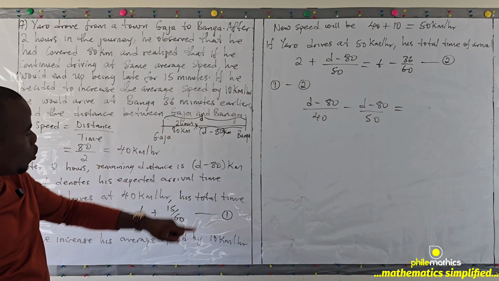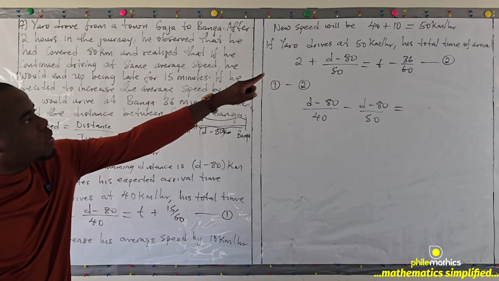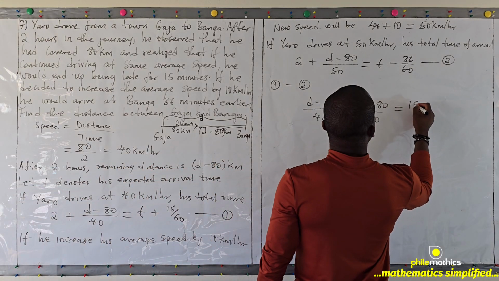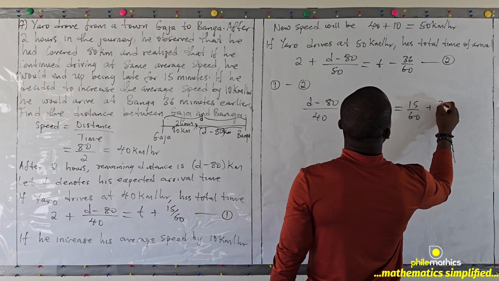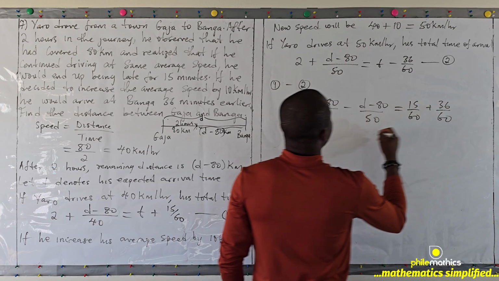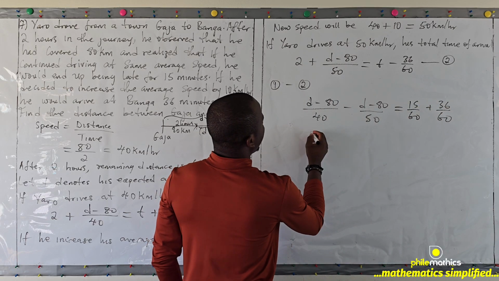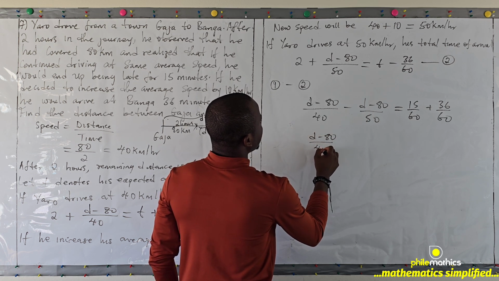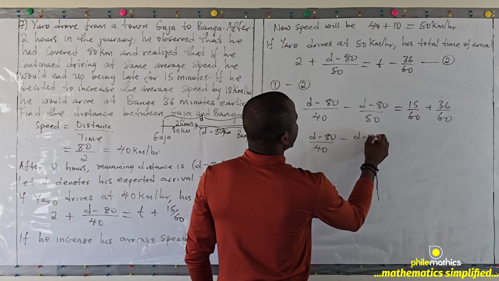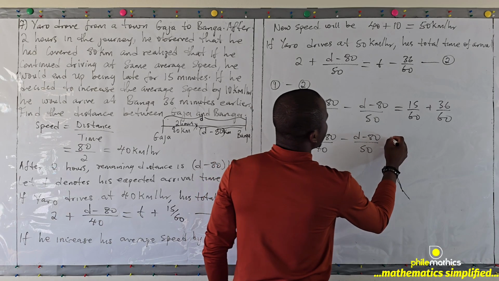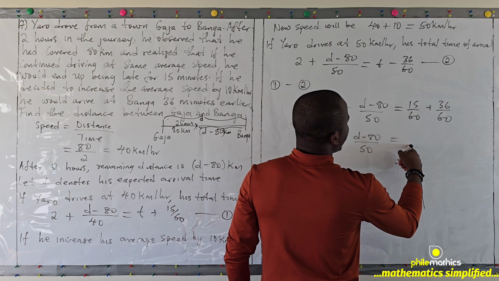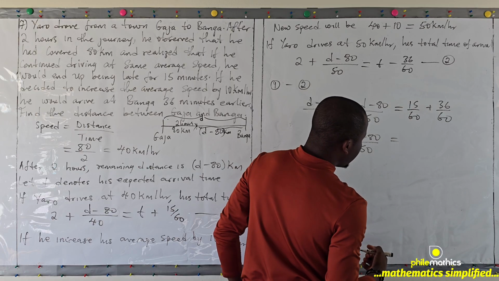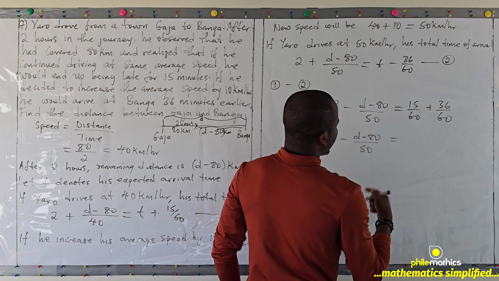T minus T is 0. 15 over 60 minus minus 36 over 60, which will be 15 over 60 plus 36 over 60. And so we have D minus 80 over 40 minus D minus 80 over 50. 60 is common. 15 plus 36 is 51.